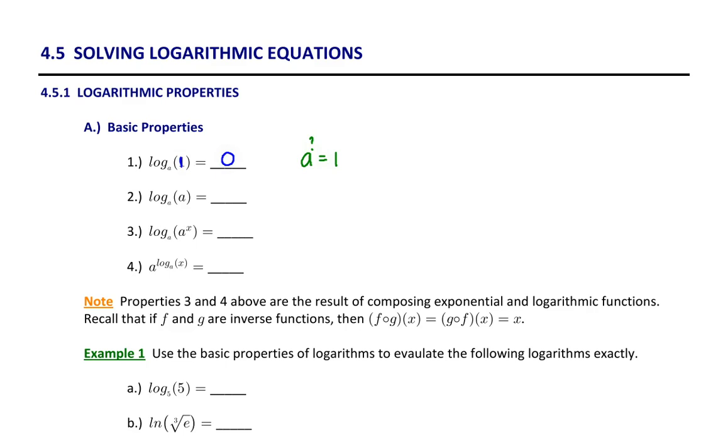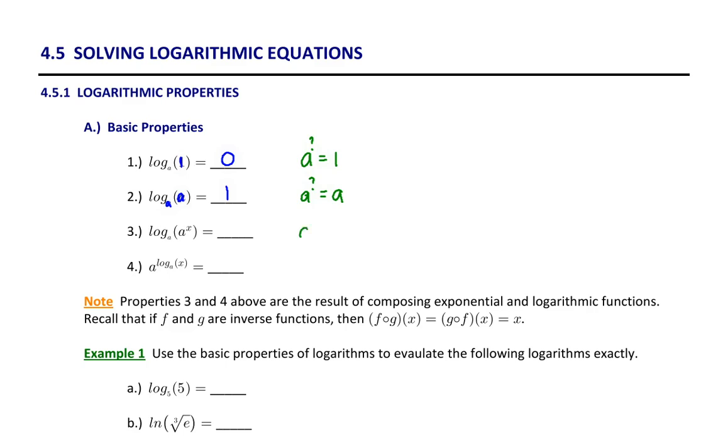We have log base a of a. Again, we're trying to figure out base a to what power equals argument a. Clearly, the only exponent that works there is 1. So if you see a logarithm where the base and the argument match, then the exponent that connects the two is always going to be 1. Now on the next one, we have log base a of a to the x power.